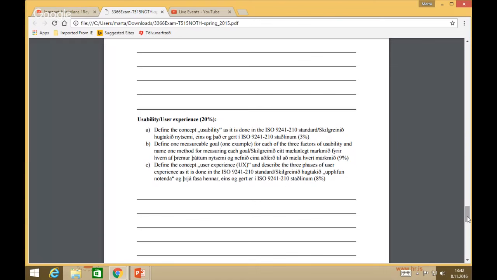So all users rate their satisfaction with 3 stars or more or something. Yeah. Because you can definitely say if you have reached it or not.